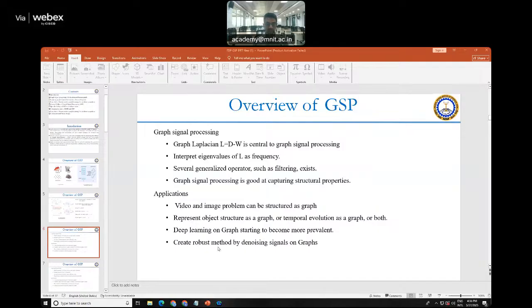Create robust methods by denoising signals on graph. What we say is, for example, if I want to eliminate the noise at the overall image level, instead of at the pixel value, then also the graph operations become very relevant.